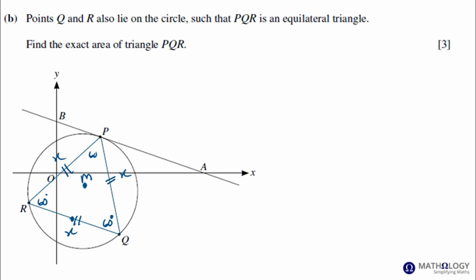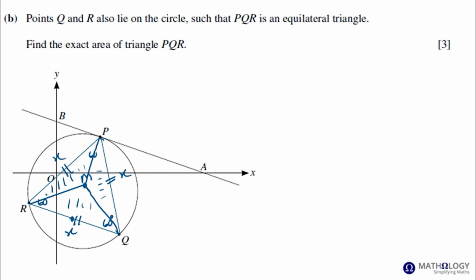If we join MP, MQ, and MR, each of those line segments are radii of the circle. The reason we do that is we are going to use the sine rule for each of these triangles here and add them up, and they'll give us the area of triangle PQR.